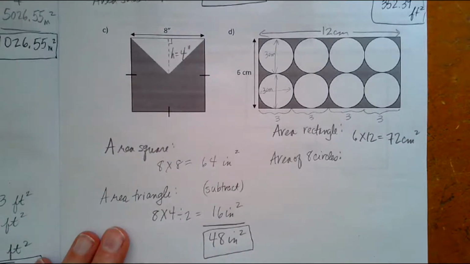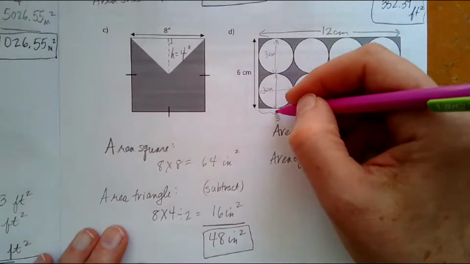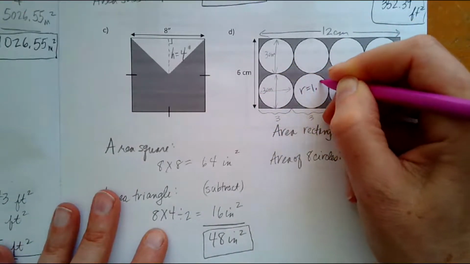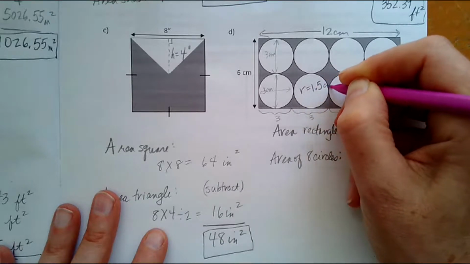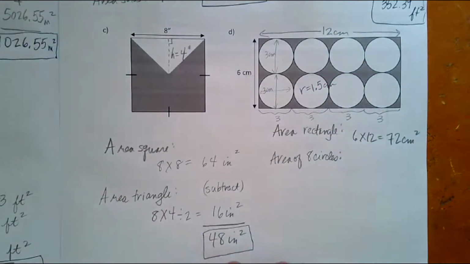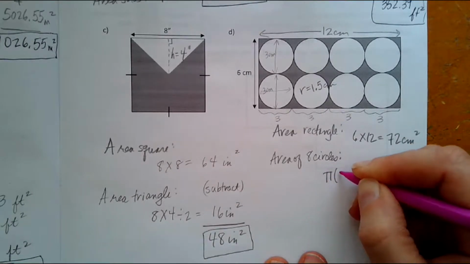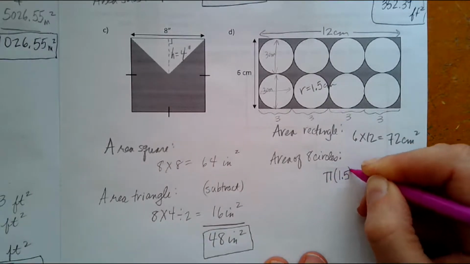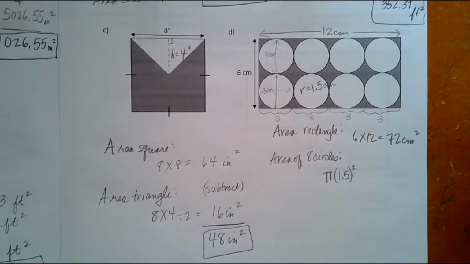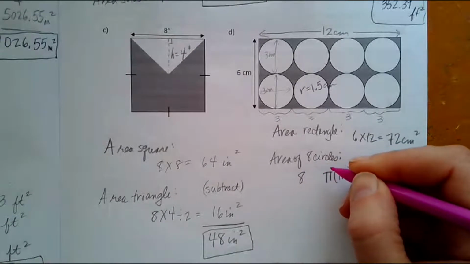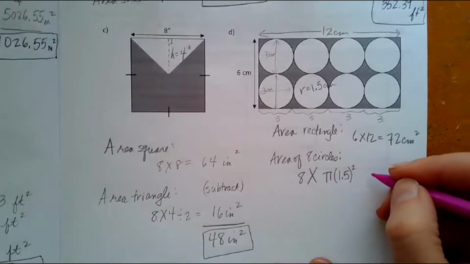Now, let's see. If the diameter is 3 centimeters, then the radius of any one of these circles is half of that, and it's 1.5. Okay, so the area of one circle is pi times 1.5 squared. And then 8 of them would be multiplied by 8, right? 8 times this.